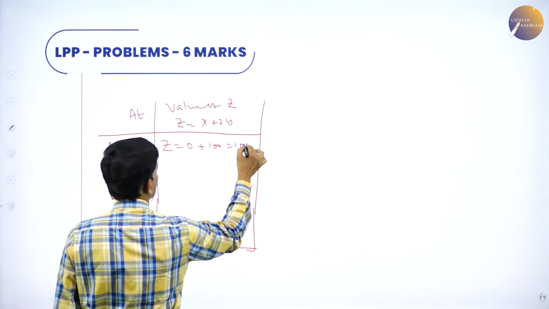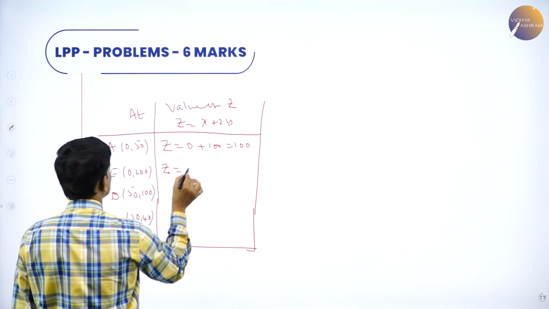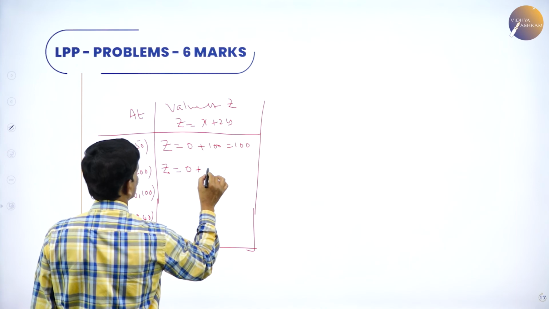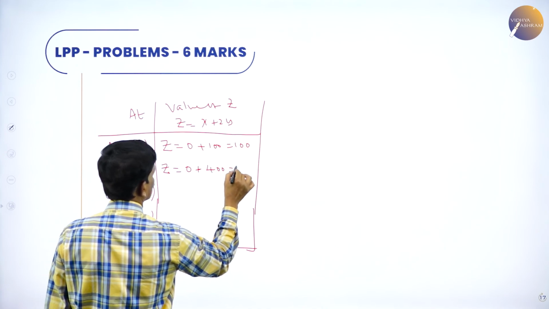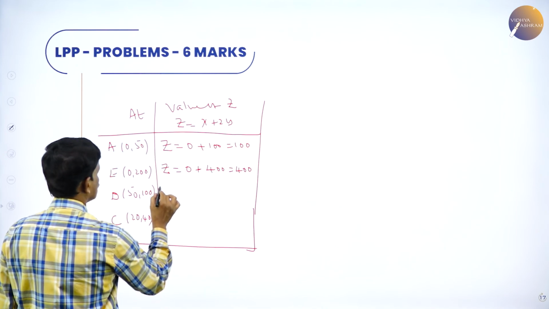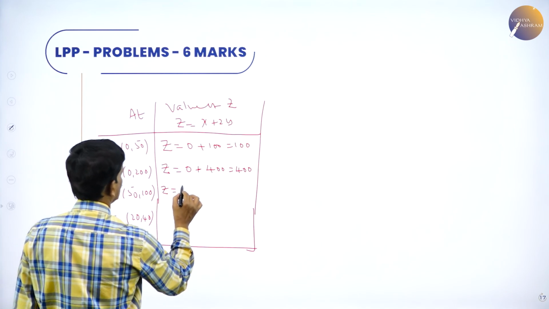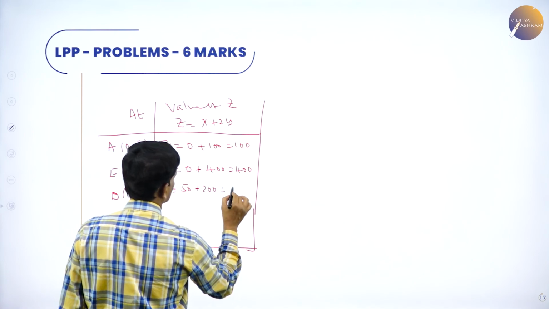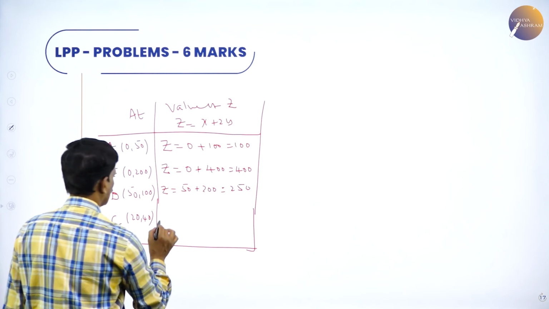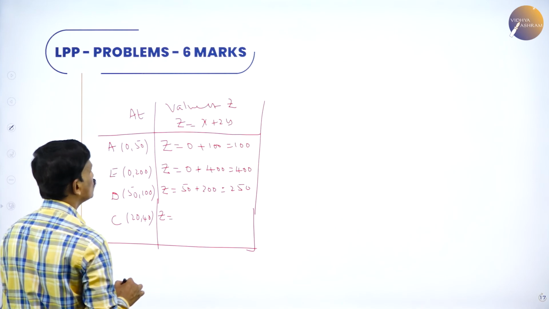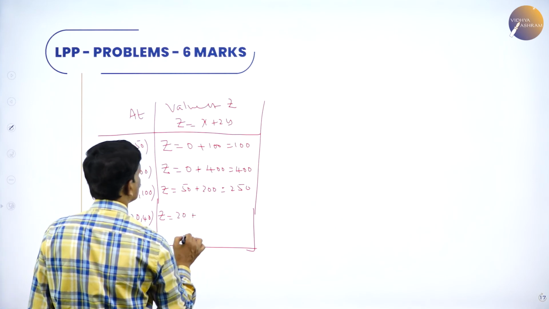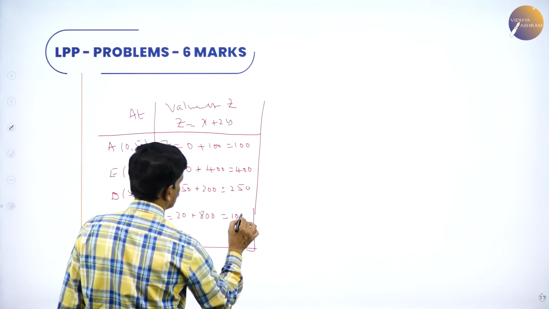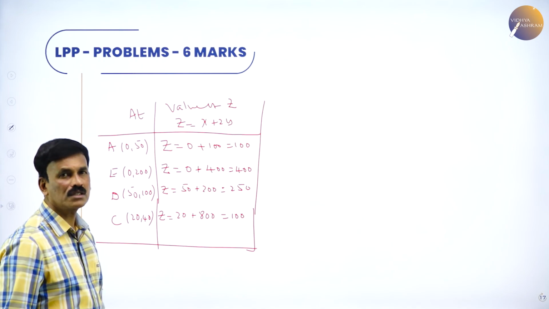At E, z is equal to 0 plus 2 into 200, which is 400. At D, z is equal to 50 plus 2 into 100, which is 250. And at C, z is equal to 20 plus 40 into 2, 80, which is 100. Okay, these are the values of z.